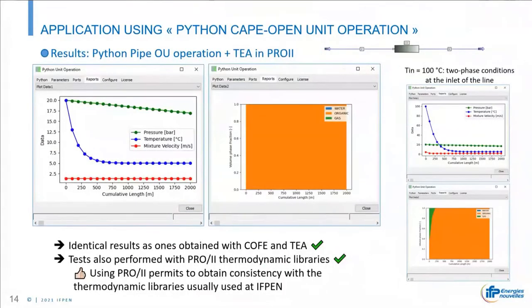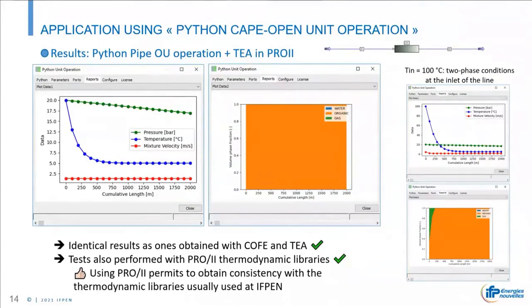Okay. So this is actually a view of the results obtained with TEA in ProSim. So they are identical to the ones calculated with COFE and TEA.